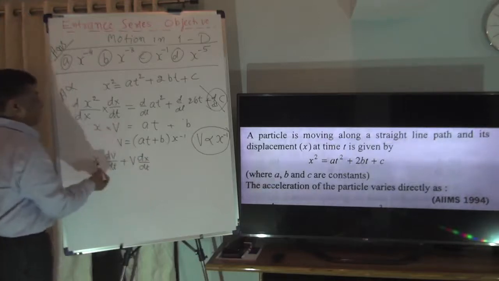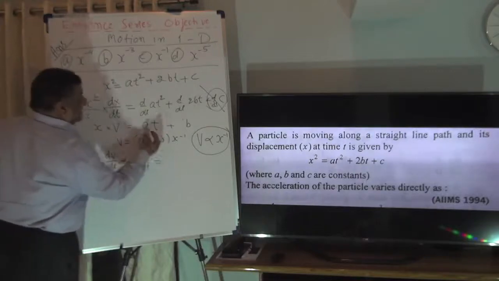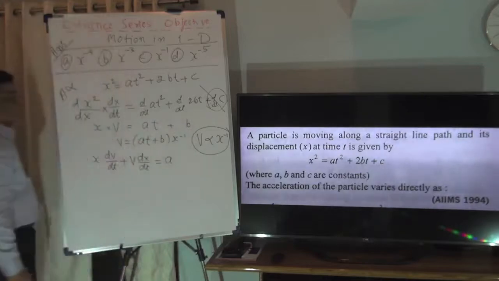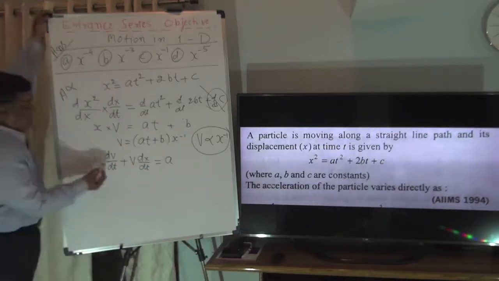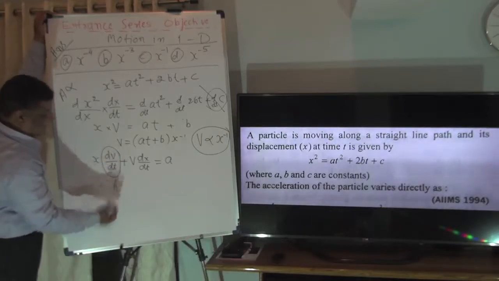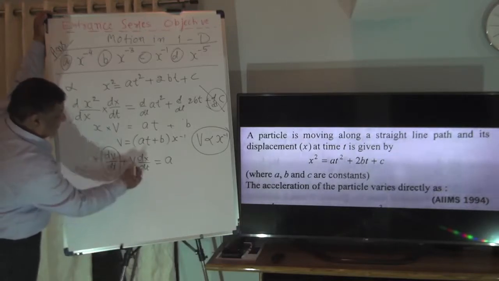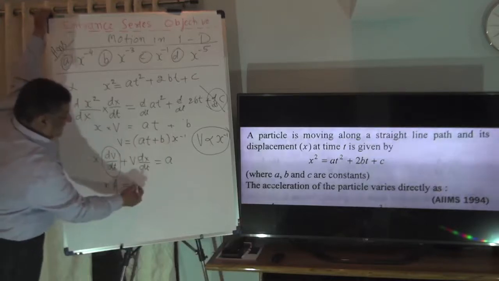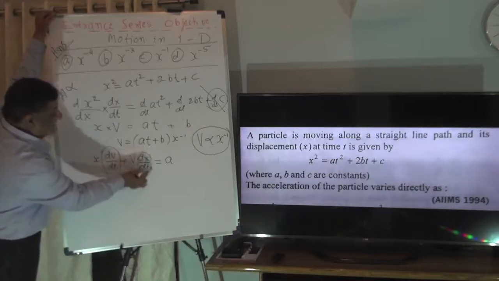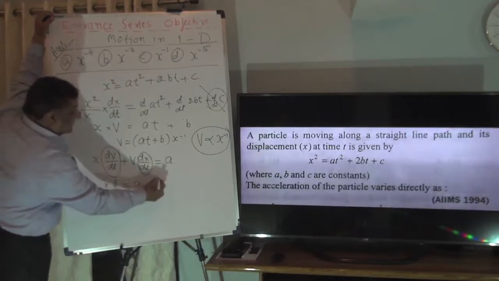You know how we do the differentiation of a product. This is equal to the differentiation of at, which is a, and the differentiation of b is 0. Now dv by dt is acceleration. So x times acceleration is equal to a, and this goes on this side: v dx by dt. What is dx by dt? That is again v, so it becomes v square.